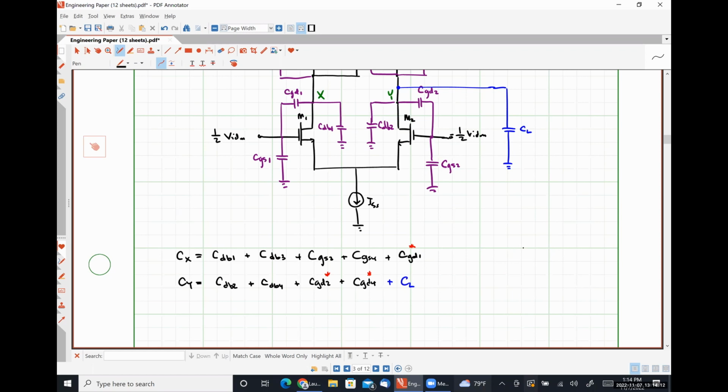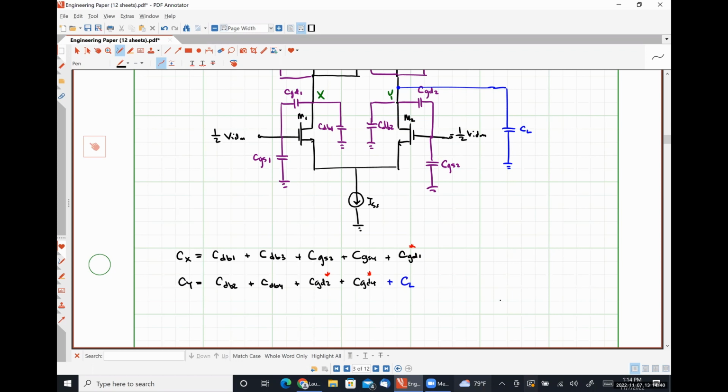What's the CB? What was that last? CL, the load capacitance. Sorry, I was only on this. Nope, not a problem. All right, we good now?